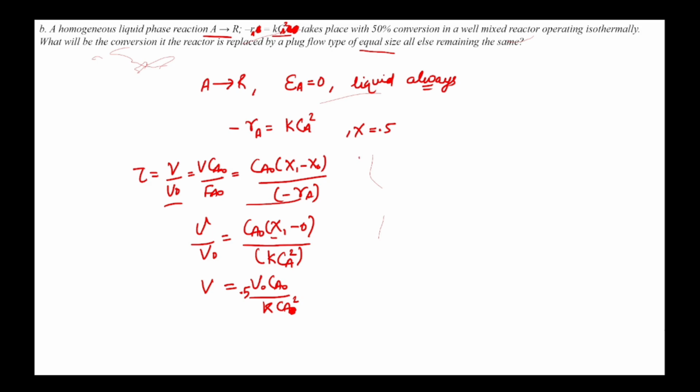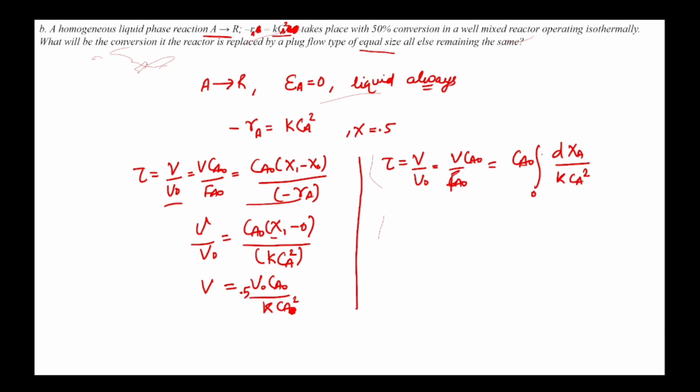Now, the performance equation of a plug flow reactor. Tau is equal to V by V naught, which is V CA naught upon FA naught, is equal to CA naught integral of dXA upon k CA square, from 0 to XA.